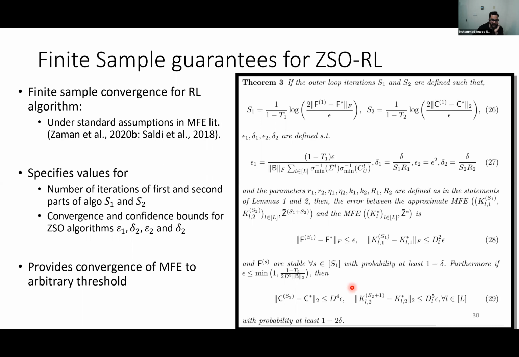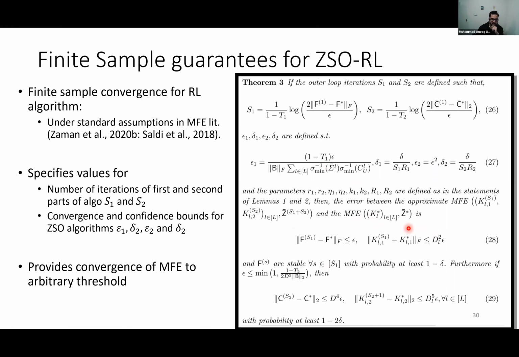Finally, the main result of the paper, the finite sample bounds for our algorithm. The theorem says that if the number of iterations of the first and the second parts of the algorithm are a certain number, and the error accumulated during the zero-order stochastic optimization is kept small enough, we can get epsilon convergence for the linear parts.